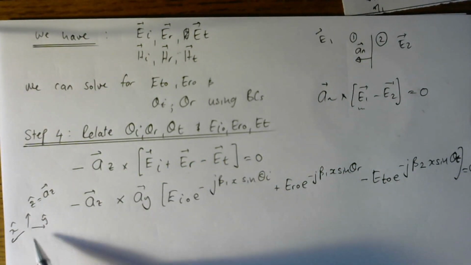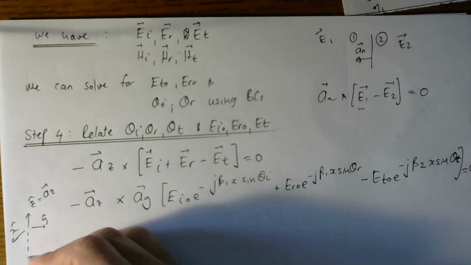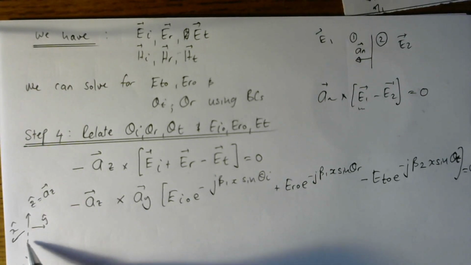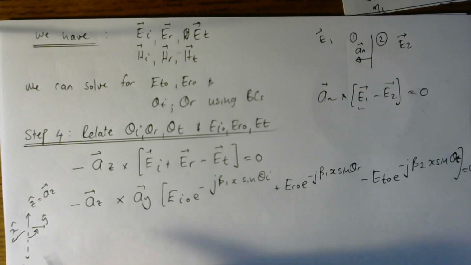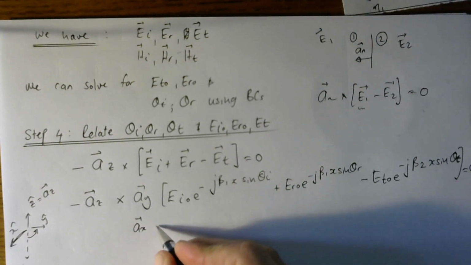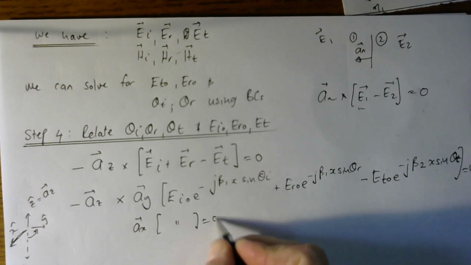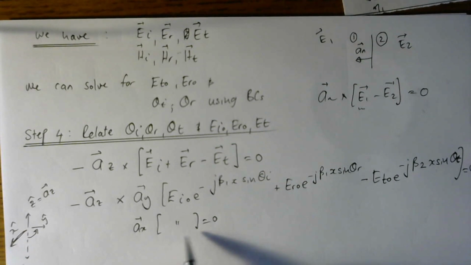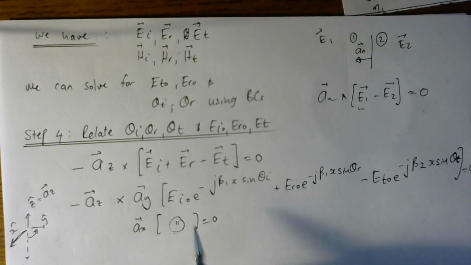So I have minus AZ cross AY, which will give you, if I go here, this cross this will point in the plus x direction. So I have AX and this term over here is equal to 0. So essentially, if I need to solve this, well, then this coefficient has to be equal to 0.